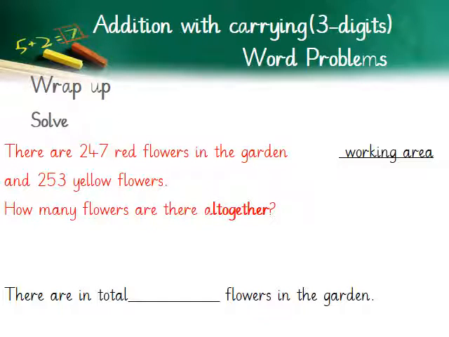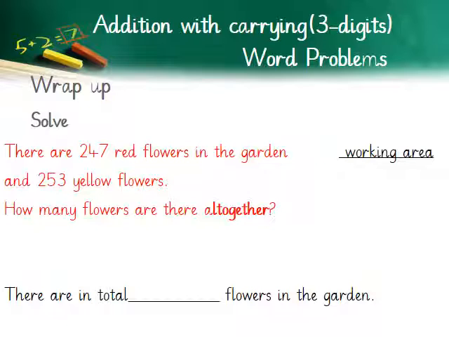Alright students, moving towards the wrap-up session of the lesson, you have to solve the given question. The question states there are 247 red flowers in the garden and 253 yellow flowers. How many flowers are there altogether? Yes, very simple. Make the statement, make a sum and find out the answer.